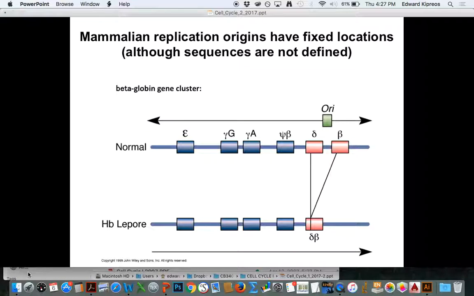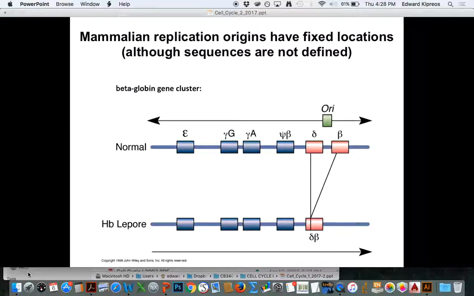They're at set locations. Now, when they sequence this and other DNA replication origins in mammals, like humans or any mammal, they can't find what the sequence is. There's nothing in common. So these things are fixed, but they don't have any sequence in common.